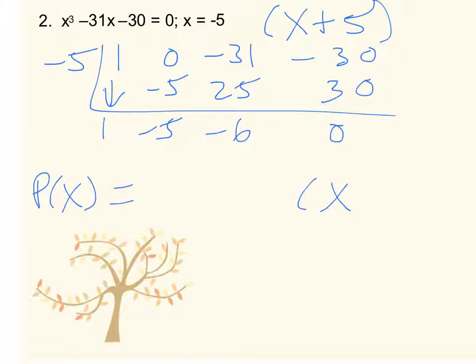Which means negative 5 is a 0. X plus 5 is a factor. But again, here's the bigger deal. When I take out that factor of x plus 5, that means x squared minus 5x minus 6 is what's left over. The reason that is sweet is because it's a quadratic.